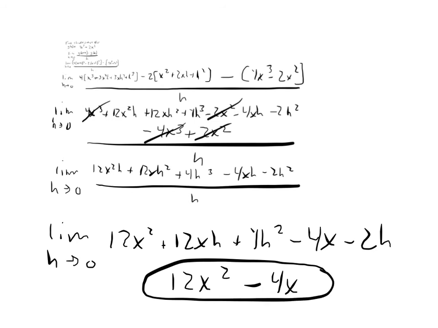Well, I get 12x squared minus 4x. So that has to be the derivative expression for, remember, our original function, g of x was 4x cubed minus 2x squared. And I want you to look at that for a minute. 4x cubed and 12x squared. The exponent dropped by 1 in each case.